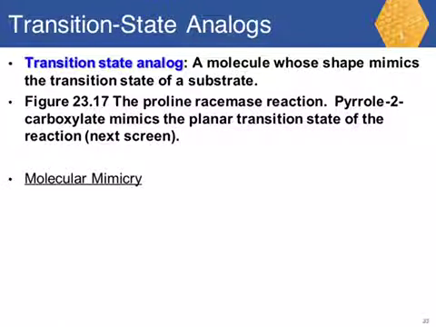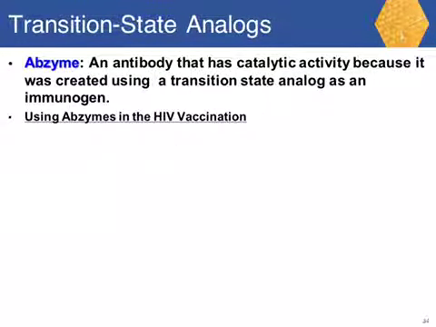Transition state analog. What this is, I'm just going to briefly cover it, a molecule whose shape mimics the transition state of a substrate. And the best way to see it is to look at the small video clip that I was going to show you on molecular mimicry. And lastly, an abzyme is an antibody that has a catalytic activity because it was created using a transition state analog as an immunogen.